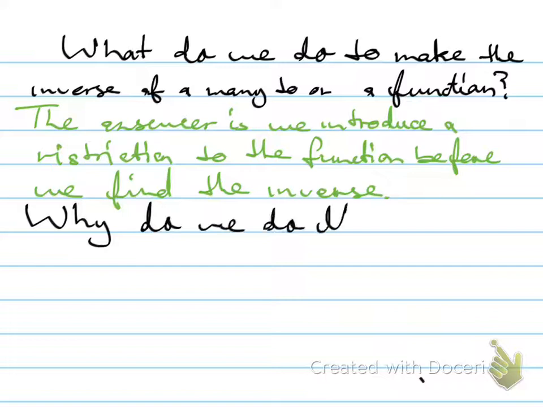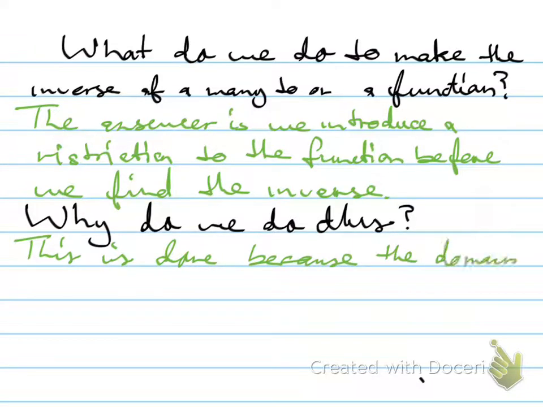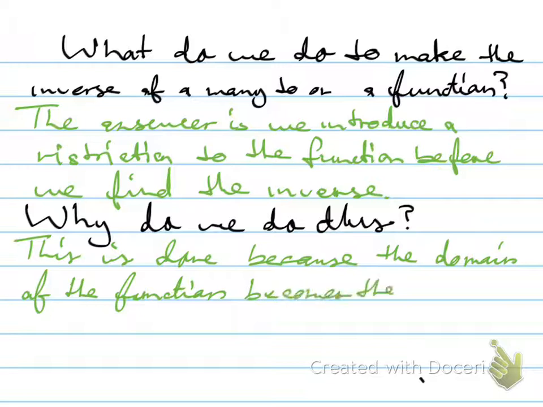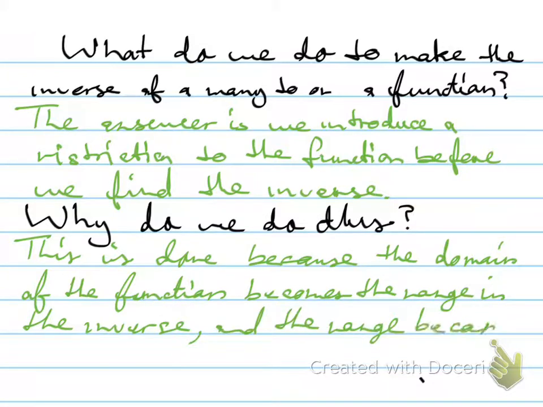Okay, so why do we do this? This is done because the domain of the function becomes the range, and also the range of the function becomes the domain of the inverse.